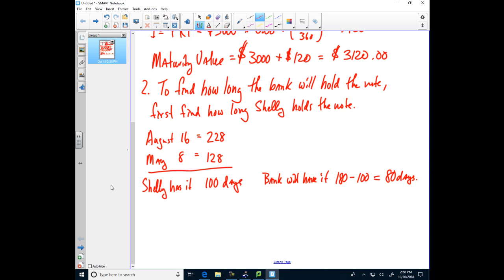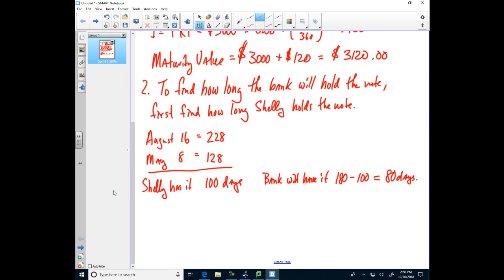After holding this note 100 days, Shelley says, I really need some money. I'm going to go to the bank. So the bank agrees to give Shelley some money. Basically what we're doing here is figuring out how long Shelley will have the bank's money before the bank gets paid.